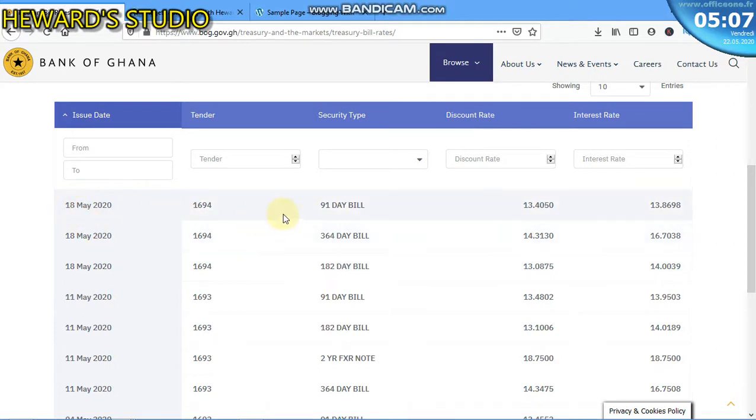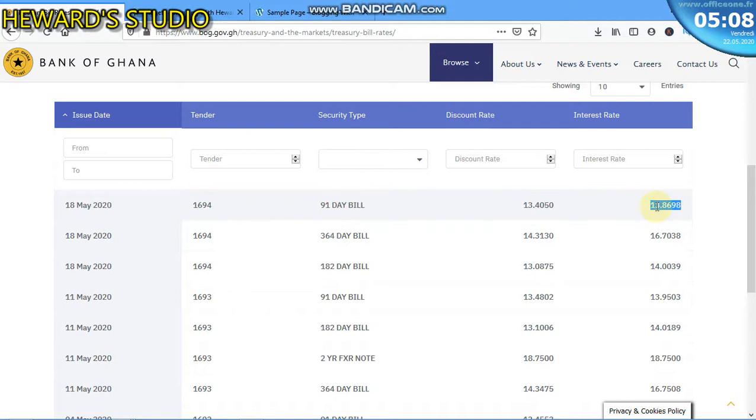If you are able to invest in a 91-day treasury bill, this is your interest you see here. But don't forget, this is a 3-month treasury bill, and 3 months goes into 12 months 4 times. So you divide this by 4 to get the interest rate for the 3 months.